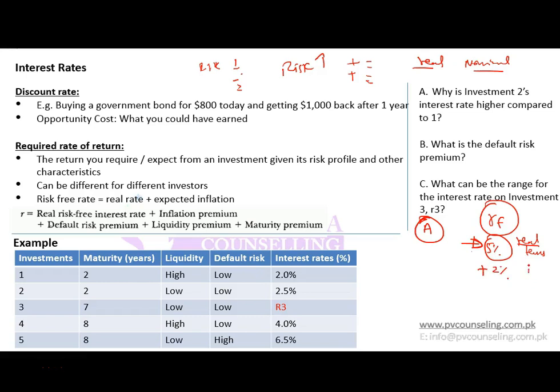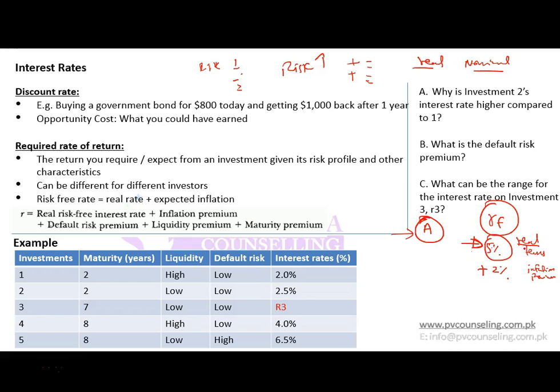Let's say 2%. All these are random numbers just to explain the concept. So this is your inflation premium. Now, 5 plus 2 becomes your nominal risk-free rate, that is the risk-free rate including the impact of inflation.